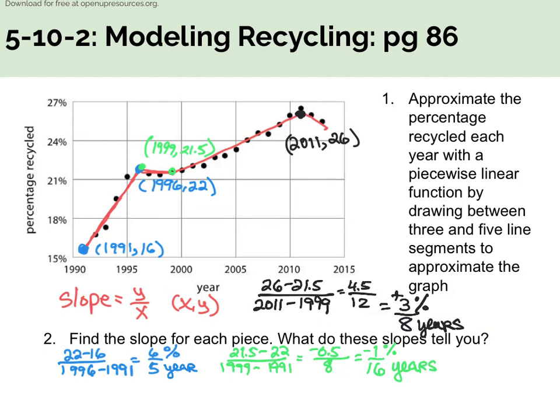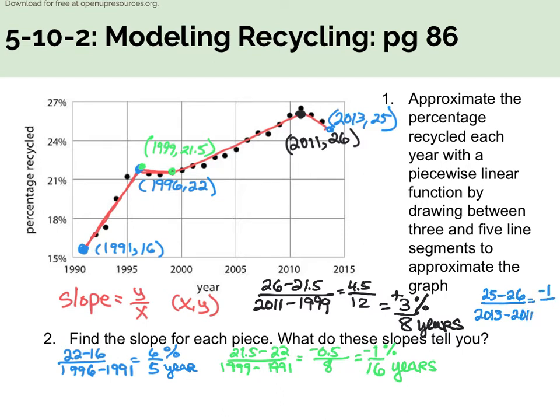And then let's go ahead and do that last one. So this bottom point is about 2013. Let's see, about 25%. So last part is going to be 25 minus 26 over 2013 minus 2011.